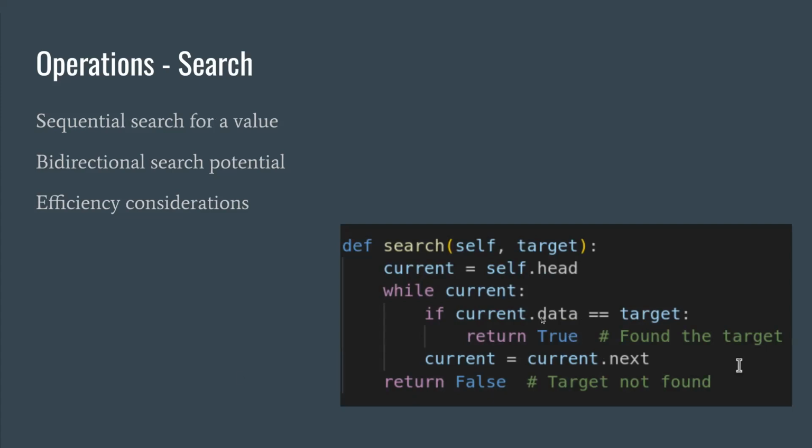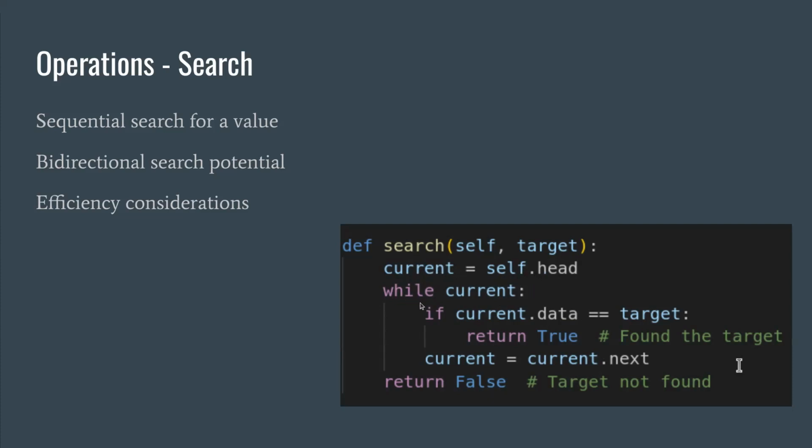If we look at this code example, we will have search method, and then we have this target that we're trying to search. So we would put current as self head because we want to start from the head.